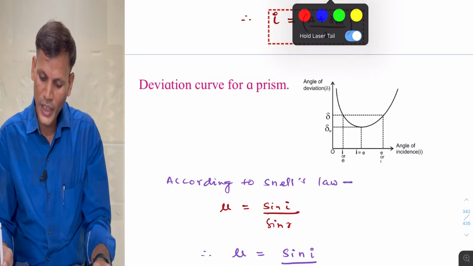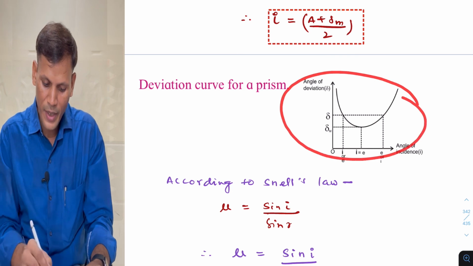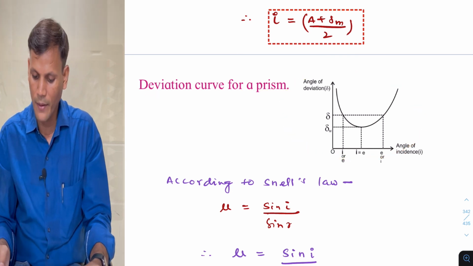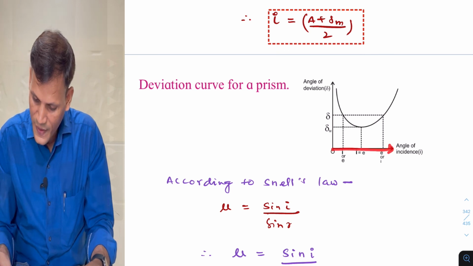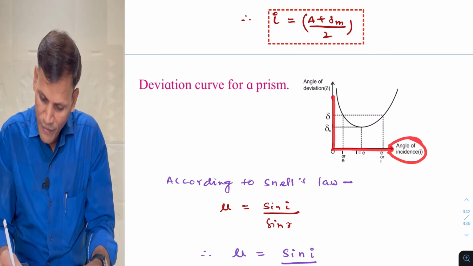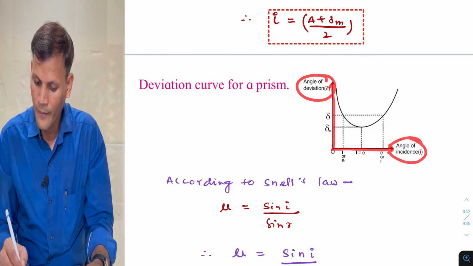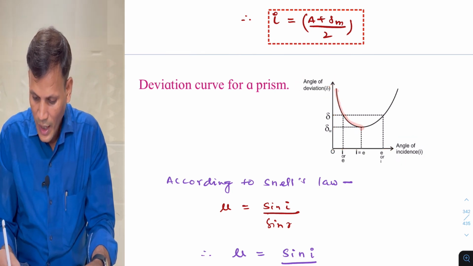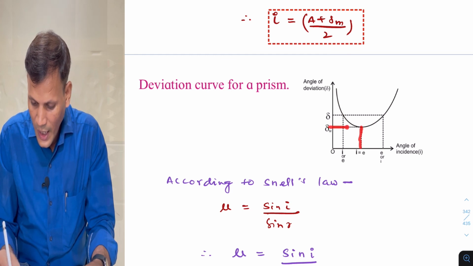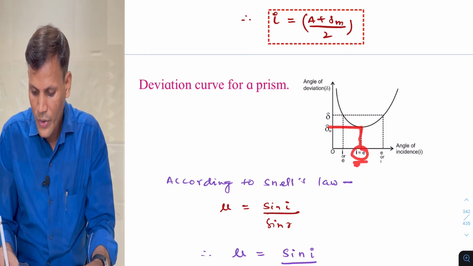And one more thing is there. Here I have shown the deviation curve for the prism: this is the angle of incidence and this is the angle of deviation, that is delta. Delta is minimum at this place only, and here I is equal to E. What is E?